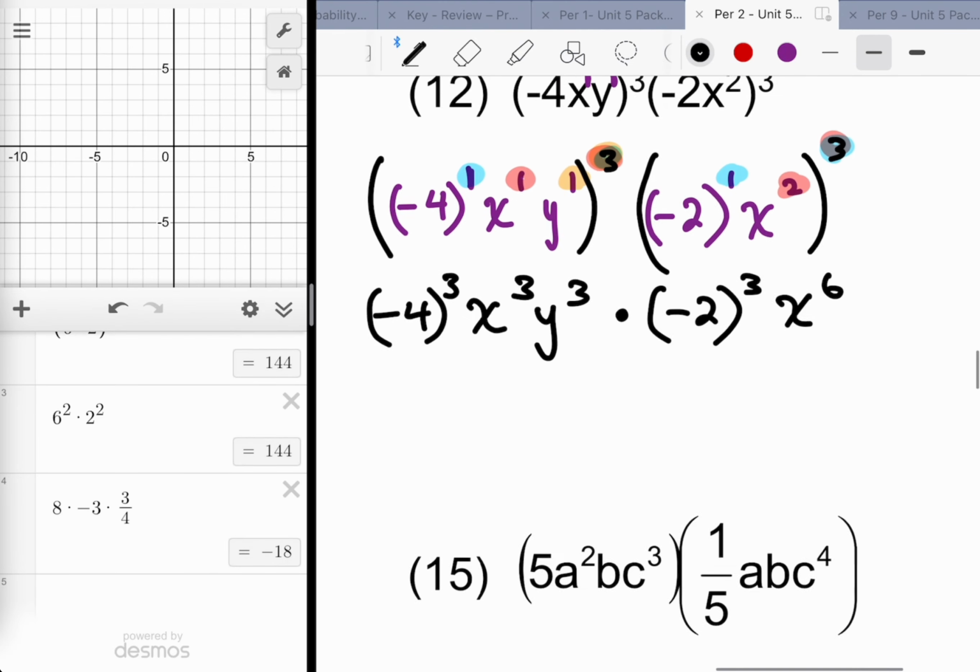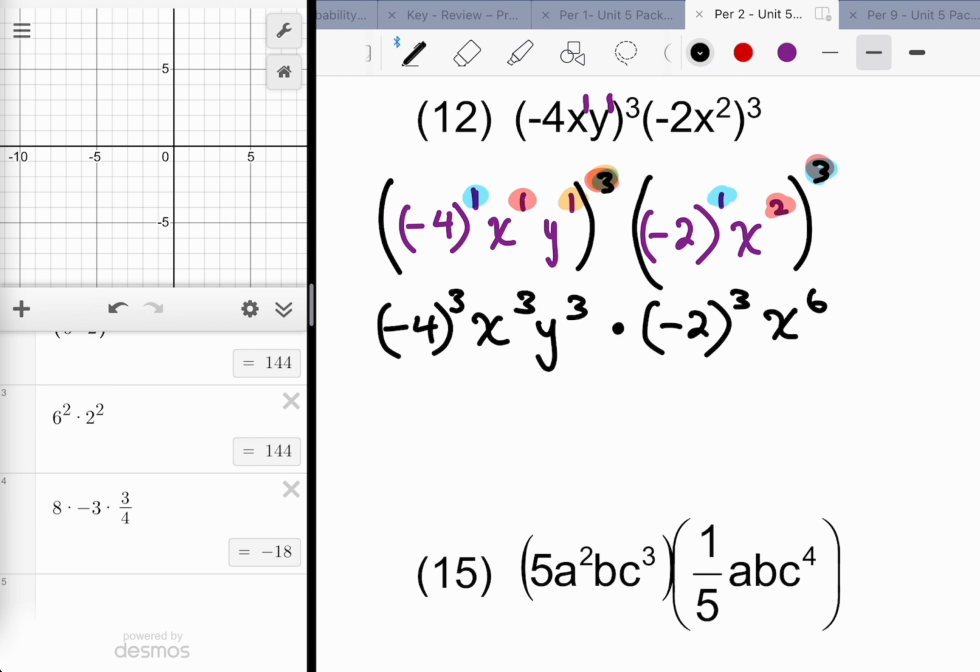Numerically, we'd have to evaluate the negative 4 to the third. That's going to be negative 64. Negative 4 times negative 4 is 16. 16 times 4 is 64, but it's multiplied by a negative. All right. This one we already figured out is negative 8 from the previous problem.